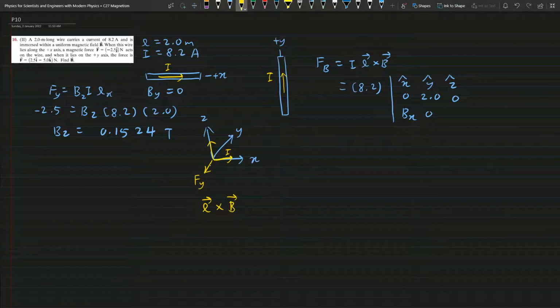So to get this positive, we must have this L cross B. So we get the negative y for the force Fy. So in this case, this Bz must be the positive 0.1524.